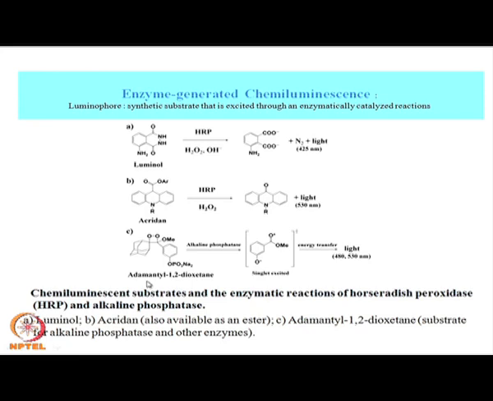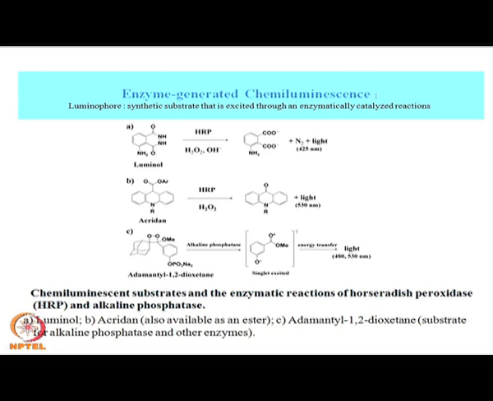Then this adamantyl derivative, alkaline phosphatase, then this is singlet excited, and then energy transfer giving rise to 480 and 530 nanometer. So, chemiluminescent substrates and enzymatic reactions of horseradish peroxidase and alkaline phosphatase are given here.